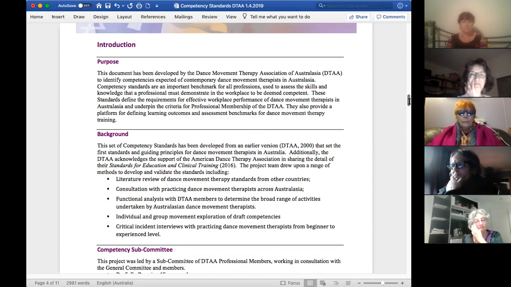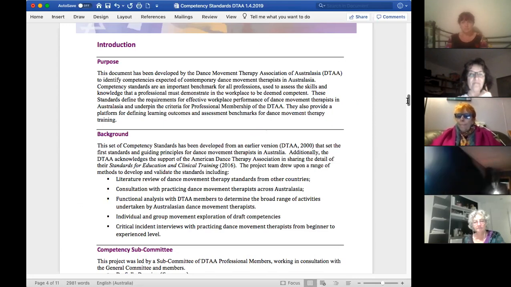Paramedics, midwives, architects, a whole range of professions have competency standards that their members, employers and training bodies pay attention to. So it's a significant advancement for dance movement therapy to have these, so that we are saying to other professions, we are like you in being able to explicate this idea of what we should be competent to do.